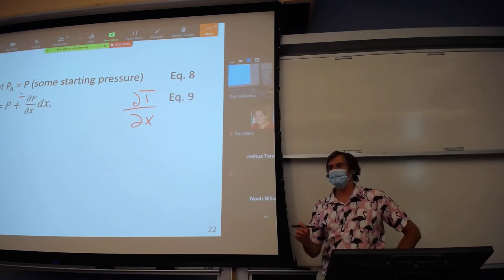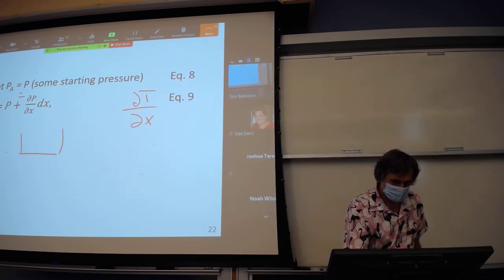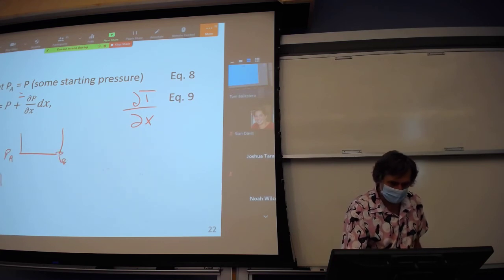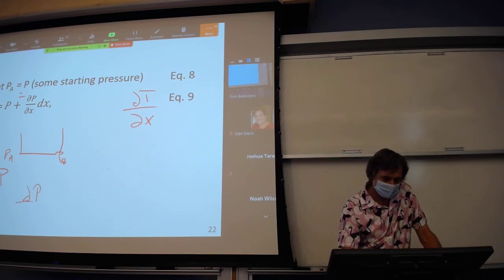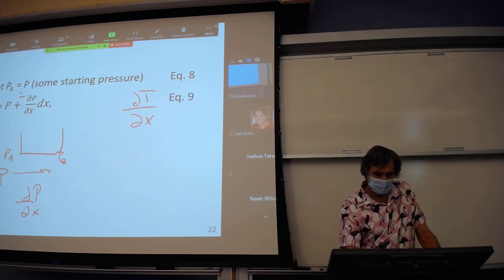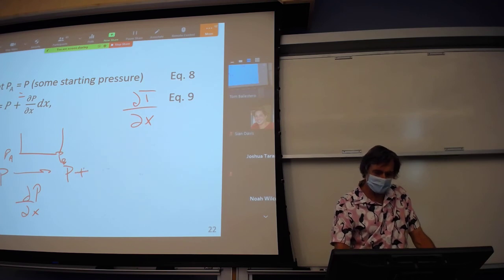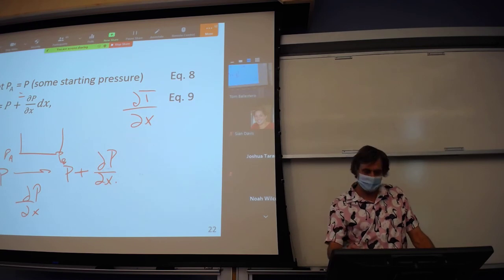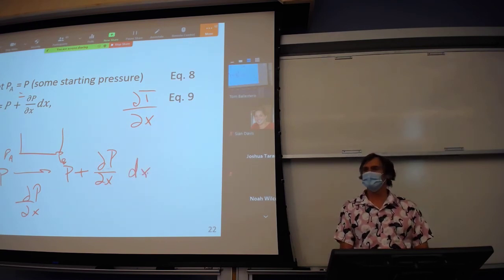So if you went from point A to point B, we're now saying that this is some pressure P. There's a gradient in the x direction, and so when we move from A to B, the pressure at B would be the pressure at A, which is just P, plus dP dx, the pressure gradient, times the distance we went through. Everybody understand that?